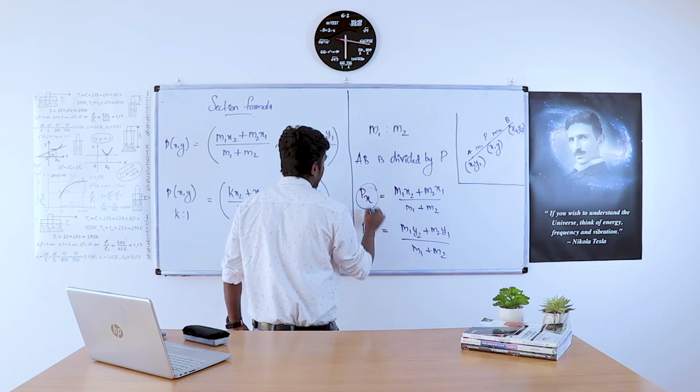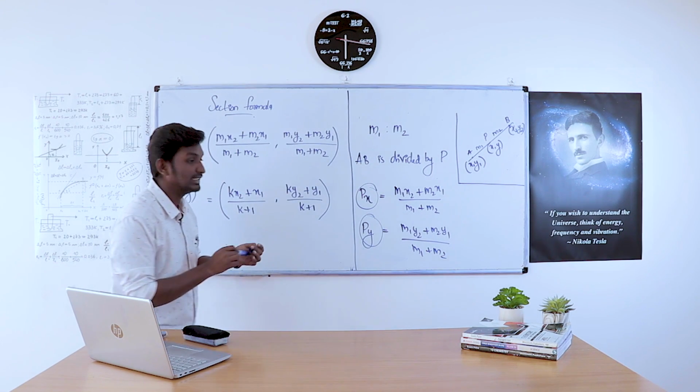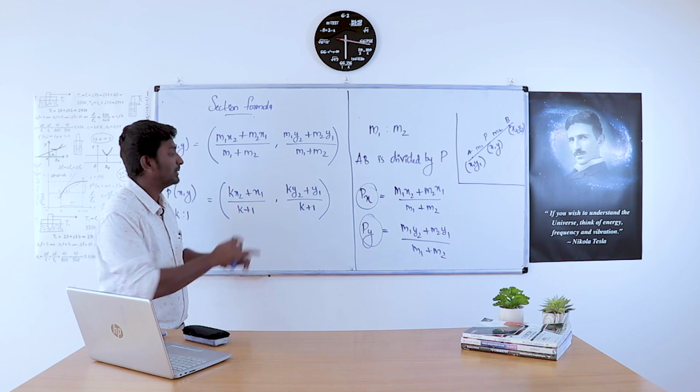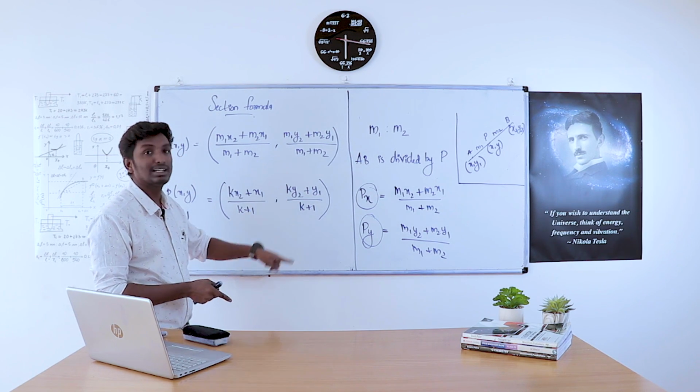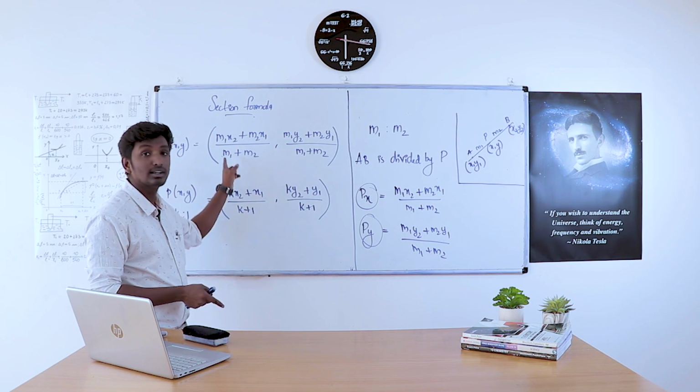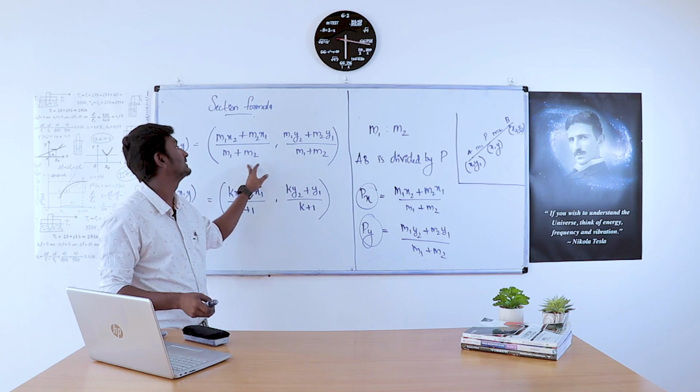This is the x and y coordinate of P. When these x and y values are written as a coordinate, then we get this.